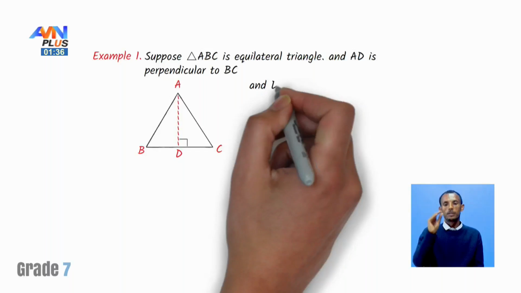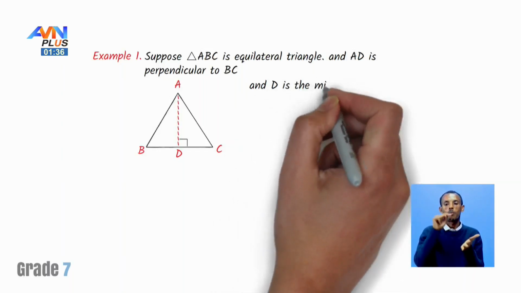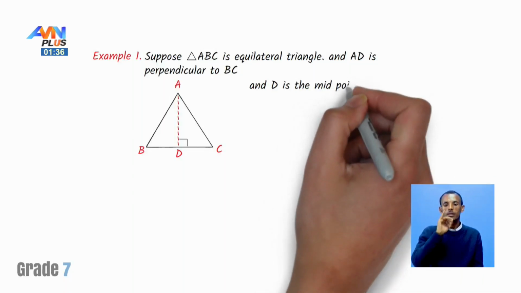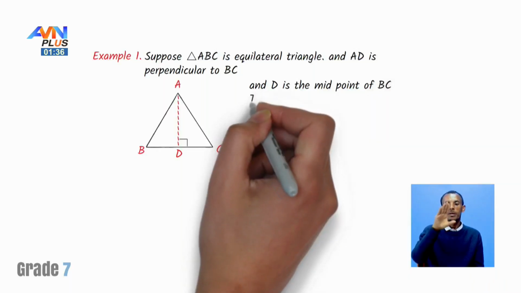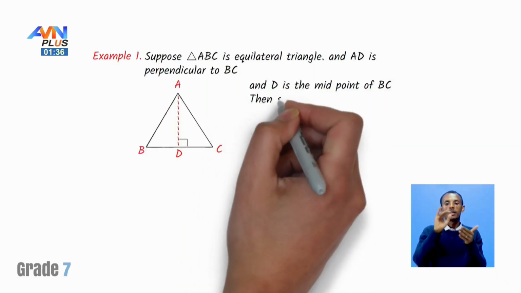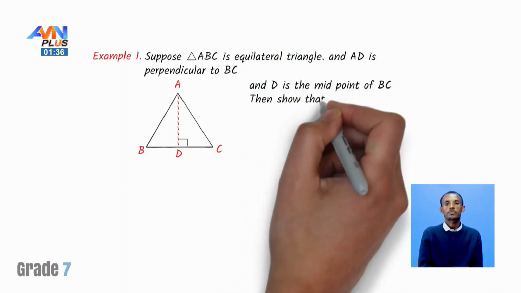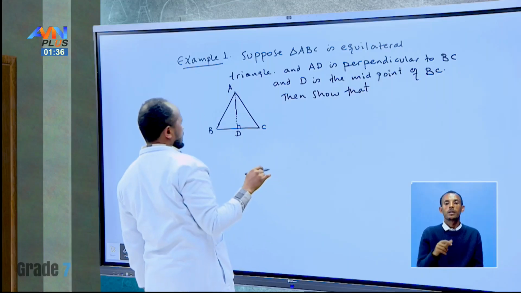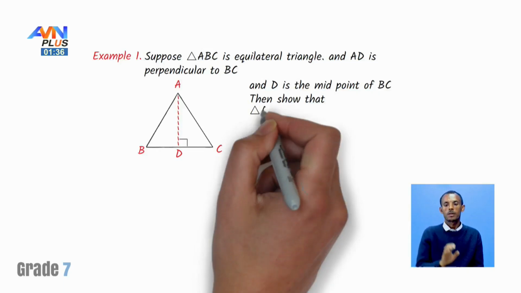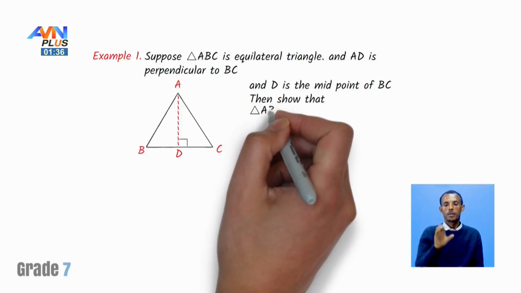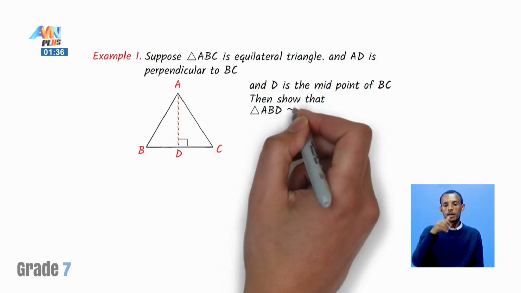Then show that triangle ABC is congruent to triangle ABD.